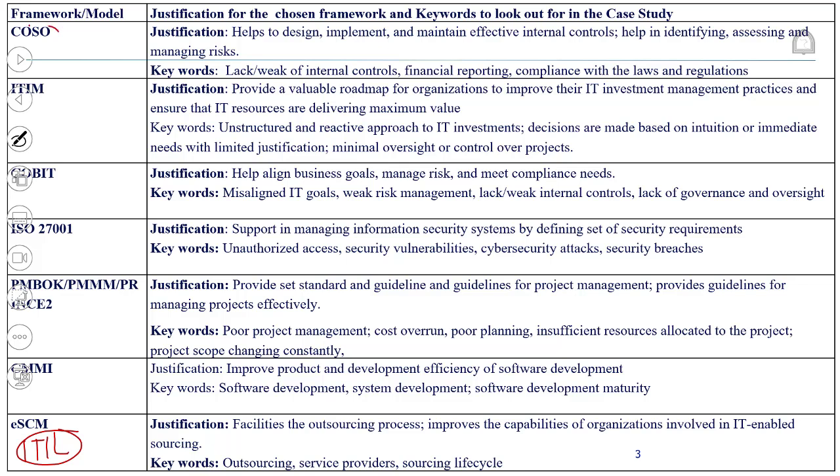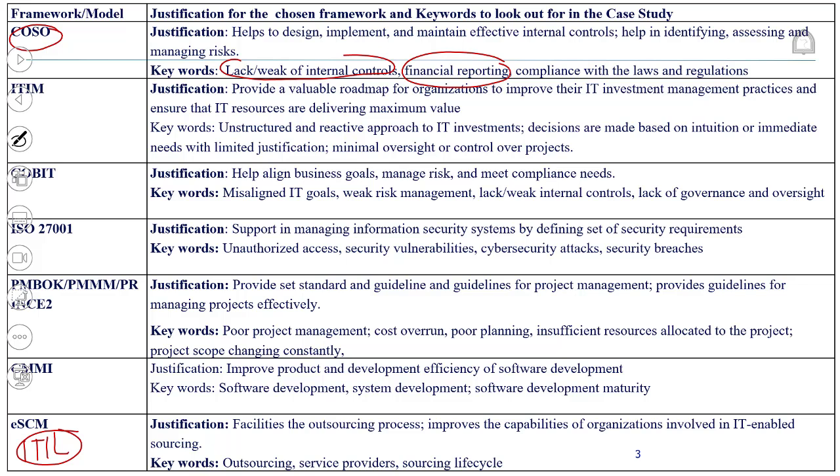We first covered COSO. I think that was one of the first frameworks that we covered. Some of the things you should look out for in the case study are things like lack of internal controls, financial reporting.